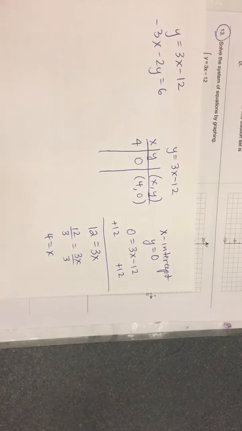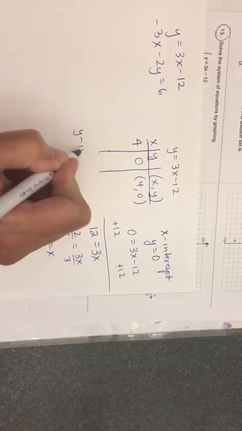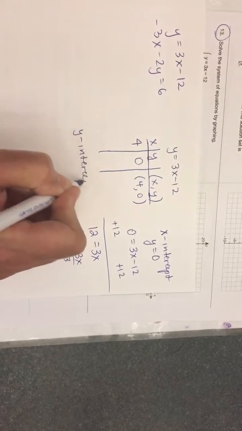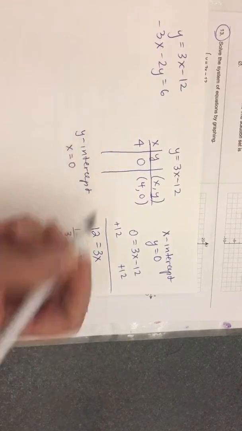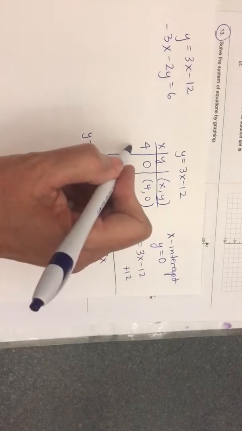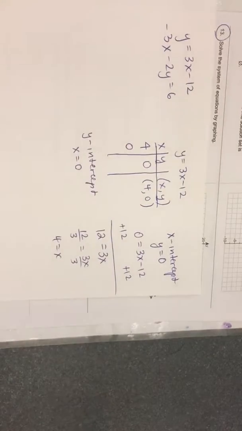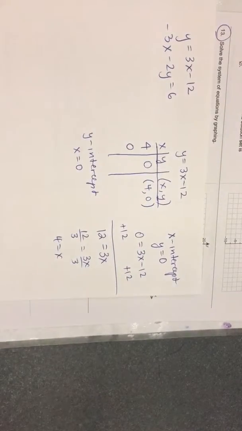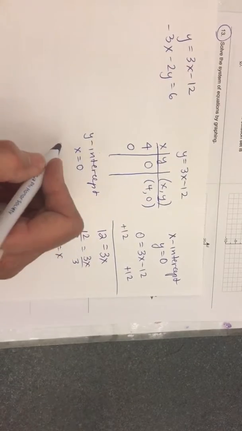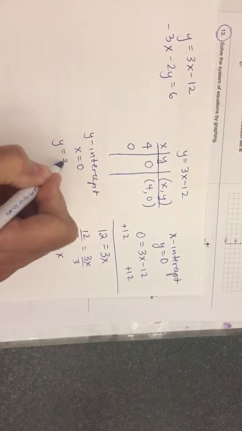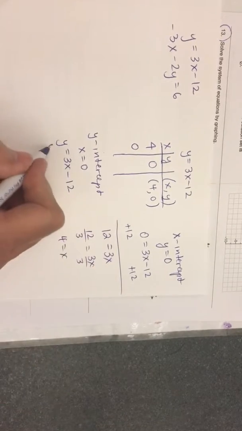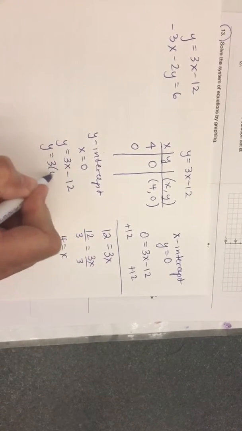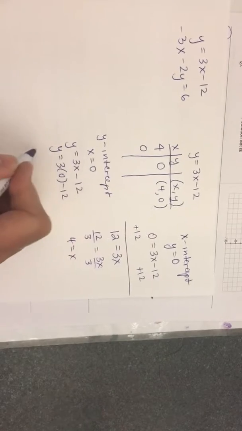Let's find the y-intercept. Same equation. For the y-intercept, x equals 0. In the t-chart, I'll plug in 0 for x. In the equation, I'm going to plug in 0 for x. Y equals 3x minus 12. So y equals 3 times 0 minus 12.